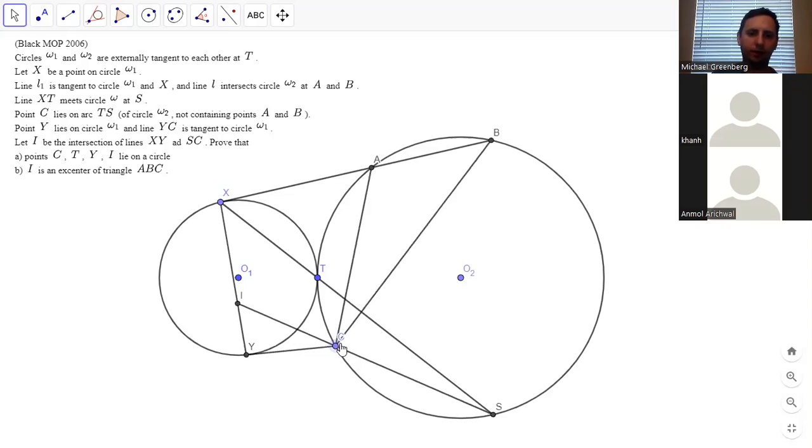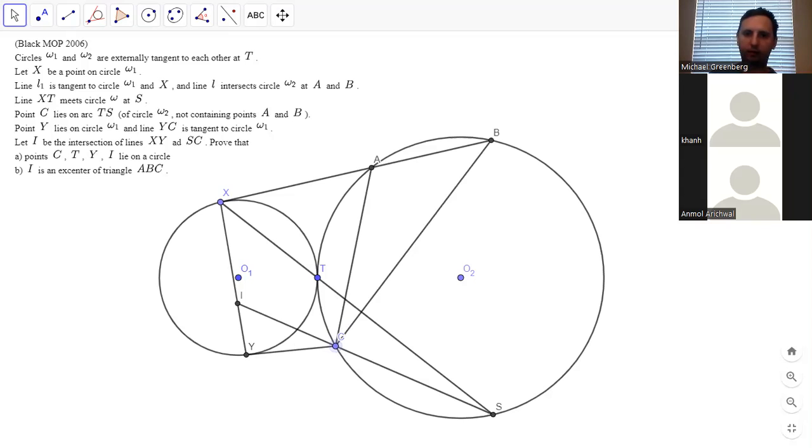So is it obvious that BI bisects angle ABC? Could we use the incenter-excenter lemma? I don't know if it's worth drawing the incenter of ABC. It's probably not a bad idea. Let me do that.